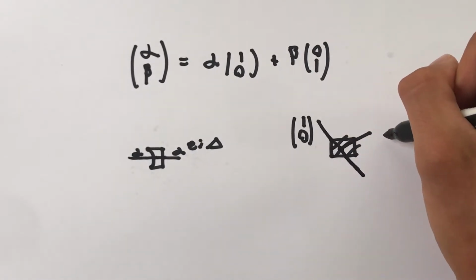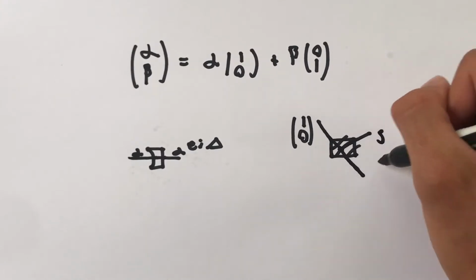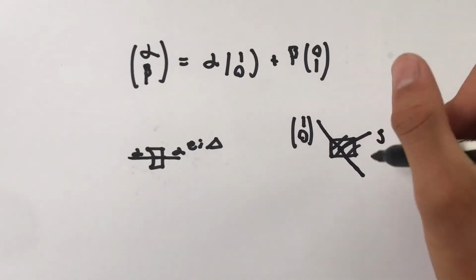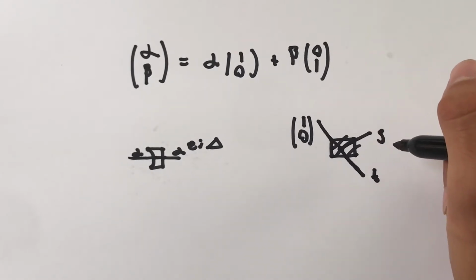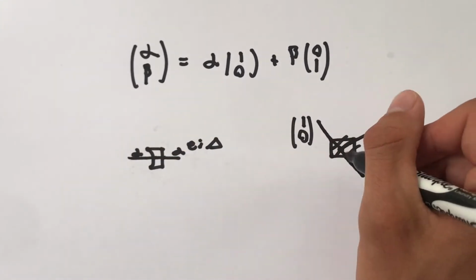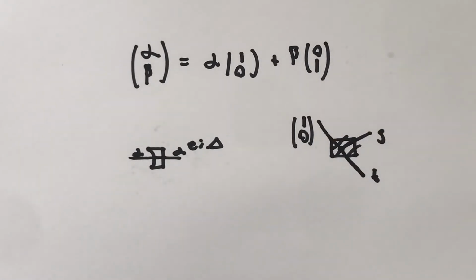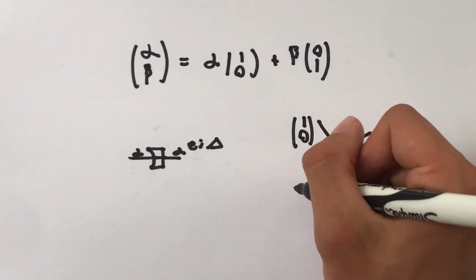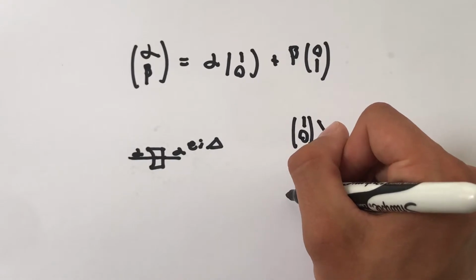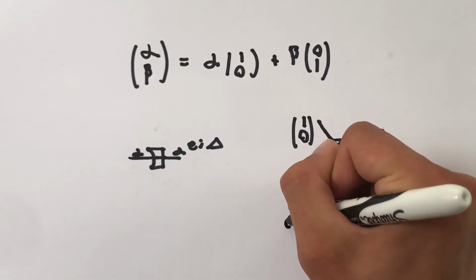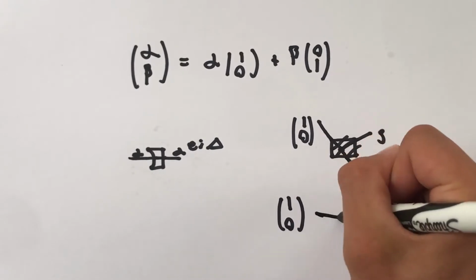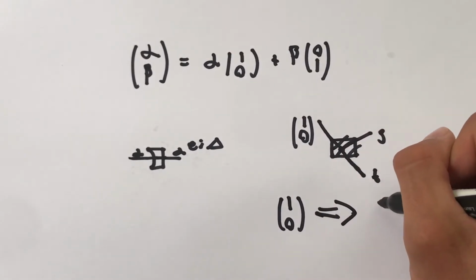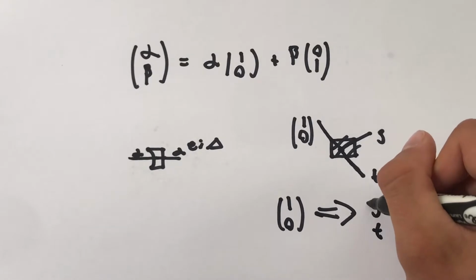The reflected light will be notated as S, and the transmitted light will naturally be notated as T. So we have found something quite interesting here, that somehow this phase changer took a 1, 0 photon and made it into an S, T photon.